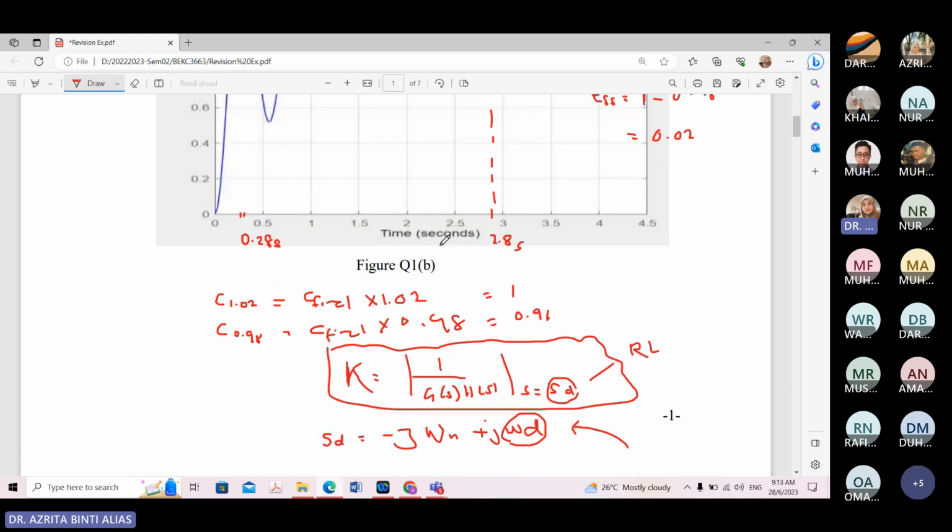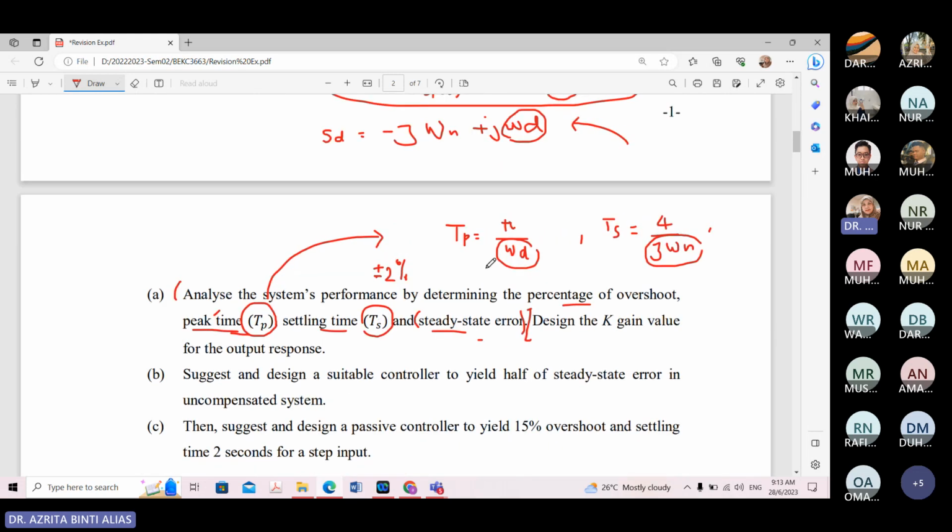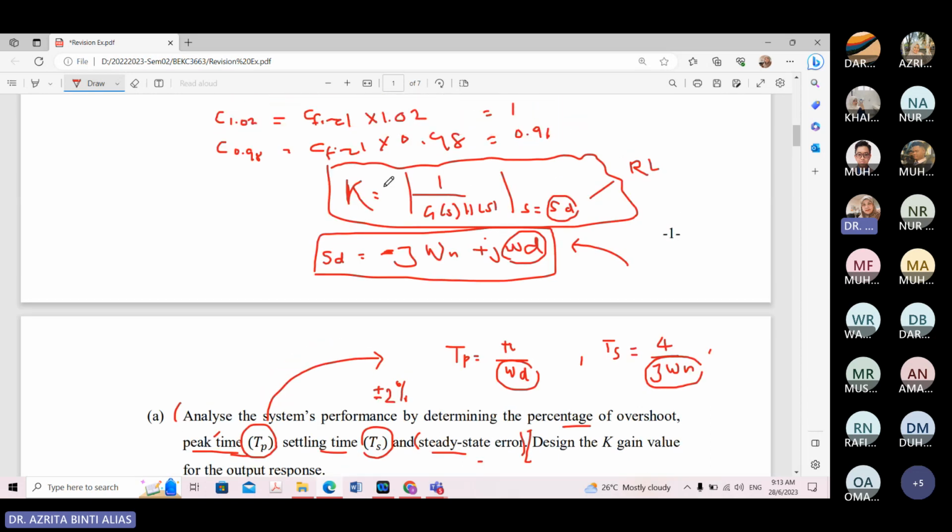From the output response we can obtain the value of TP and TS. From the value of TP and TS, we can find the value of omega D and also the value of zeta omega n. After that, we can obtain the value of ST using this general equation. Then use your calculator to find the value of gain K by substituting the value of ST in the equation.